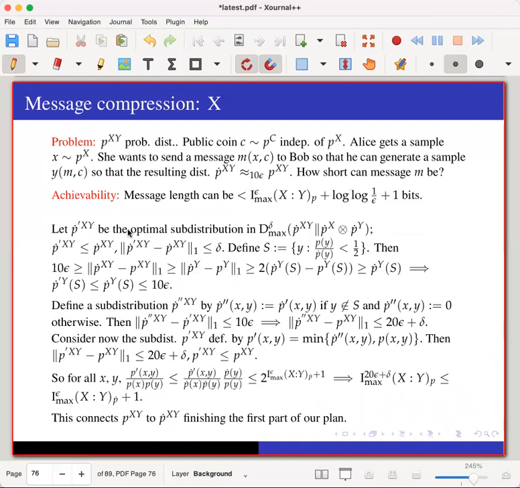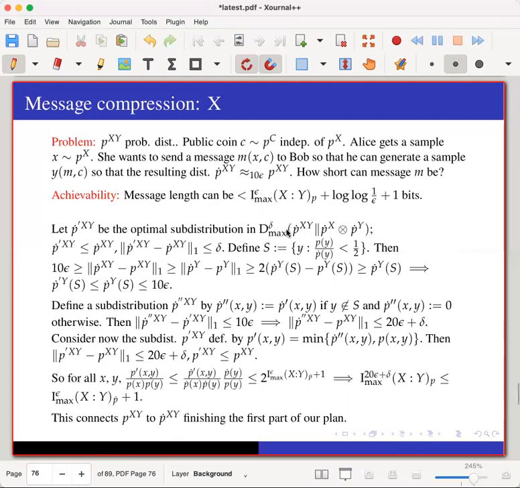So let's start. Remember, I want to do data processing for P dot. So I will look at the max mutual information in P dot between X and Y, which is just this quantity. Let us say I'm taking the smoothing parameter to be delta.